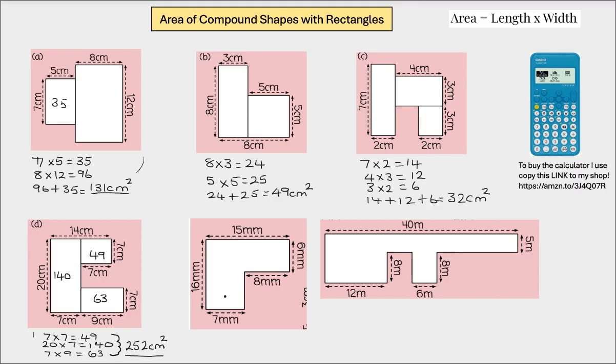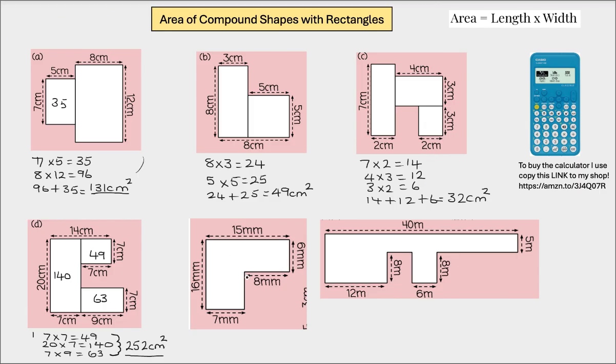So let's go to the next one. This one's a little bit different because it's not straightforward. So you are going to have to put the lines in. You are going to have to make these into rectangles. Now you can't cut it off that way because then they won't be rectangles. So don't go to that. I know some people do, but don't, because you need these to be rectangles.